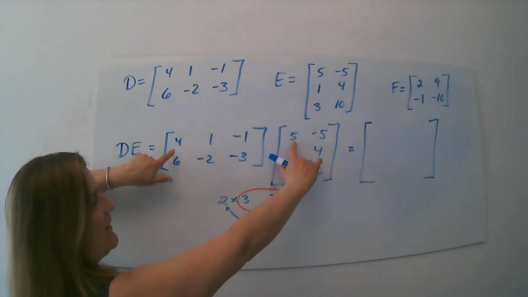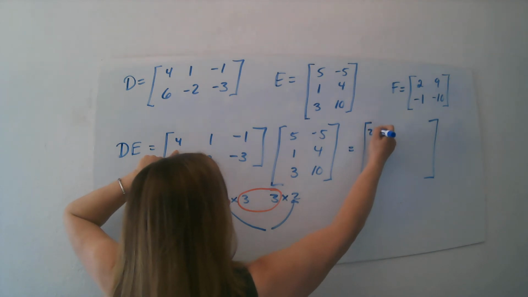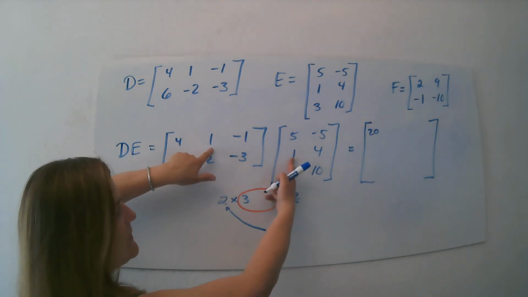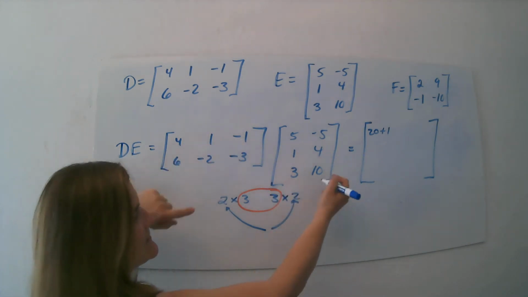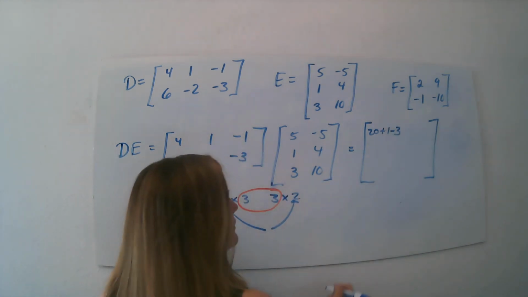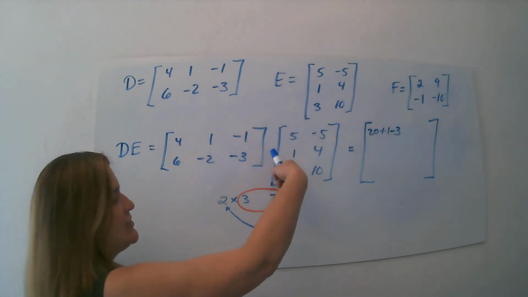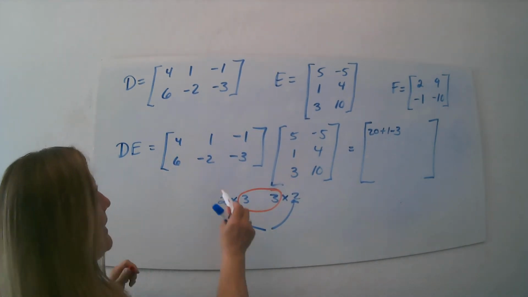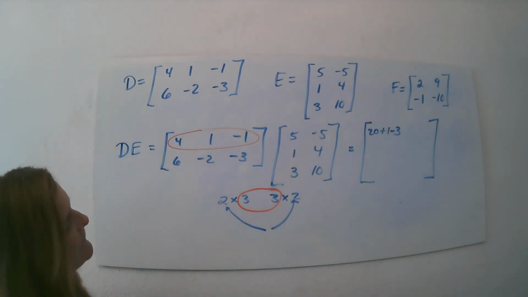We have 5 times 4, 20, plus 1 times 1, plus 3 times negative 1. There's our first entry. First row, first column. We're doing first row, and then I'm just moving across the columns.